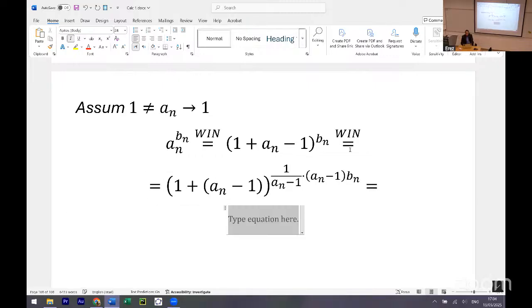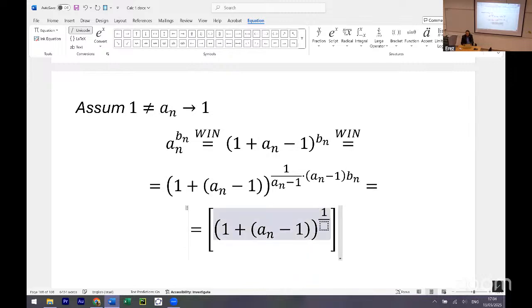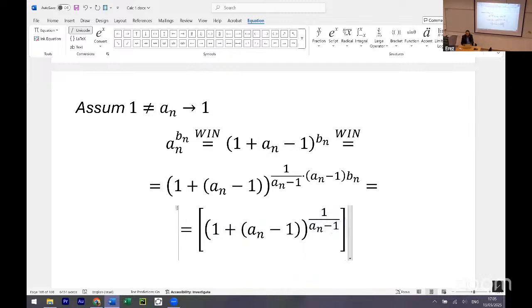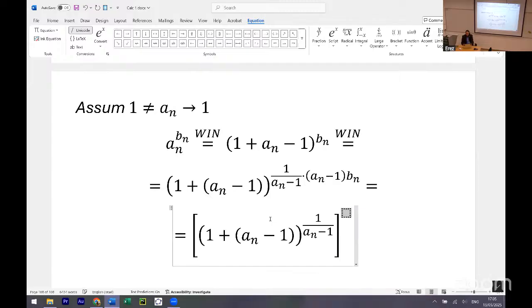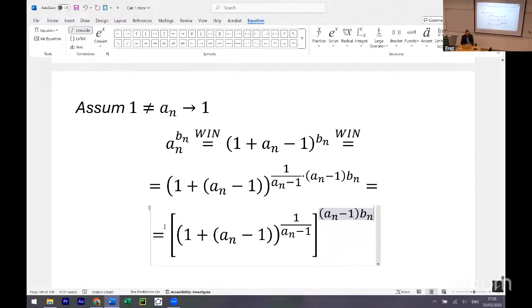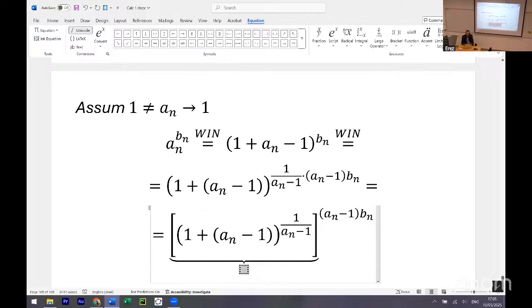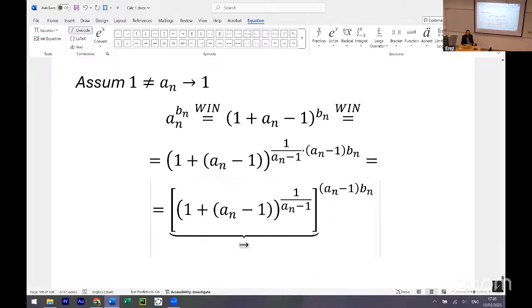And then finally we're saying this is 1 in the power of an minus 1 bn, all of this in the power of an minus 1 bn. And everything in the square brackets, what is its limit?